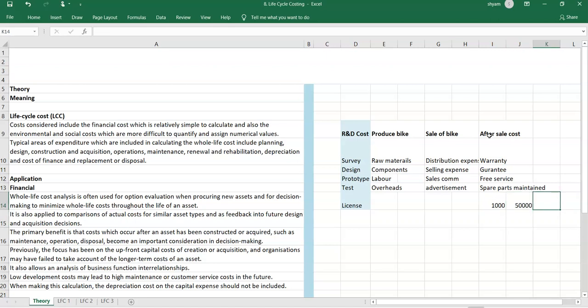So how much is the production cost? We'll just make it much more simple, we'll just put 100 bikes. We have sold just 100 bikes, and that itself comes to 50 lakhs. So 50 lakhs of bikes we have produced, and we could also have sold them.